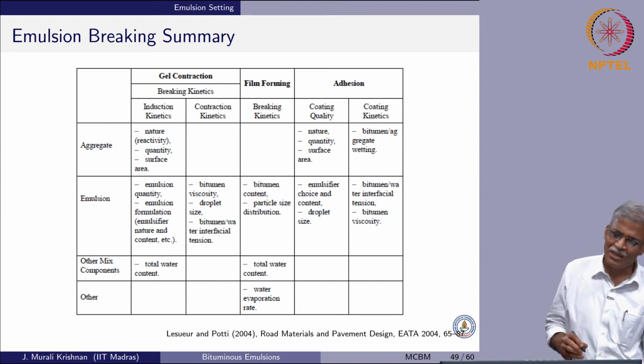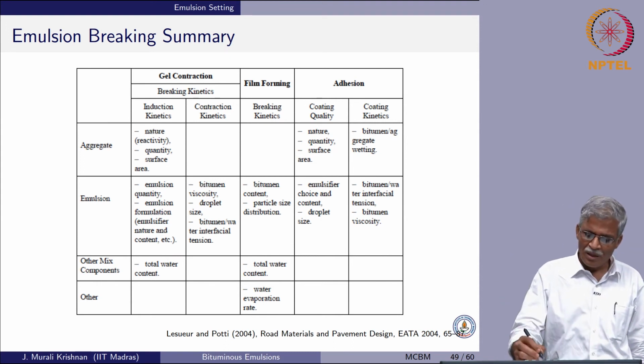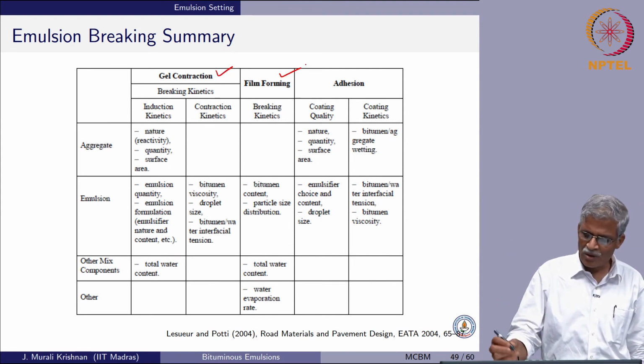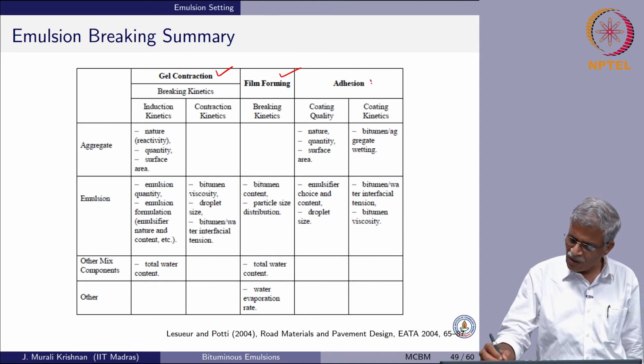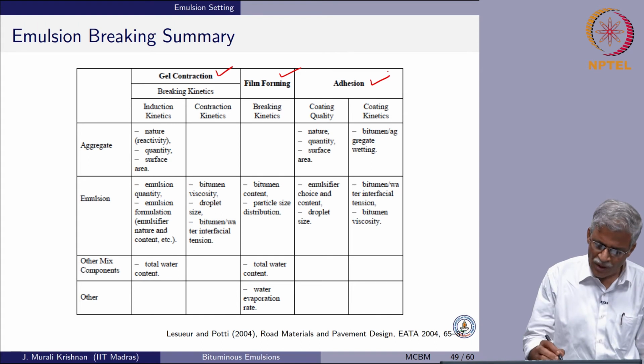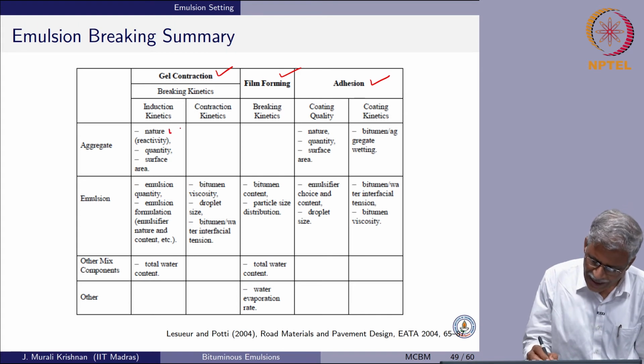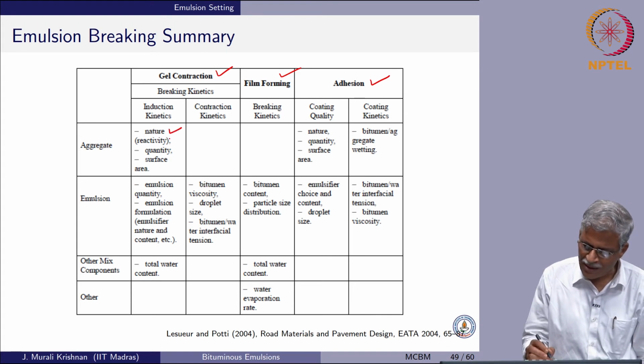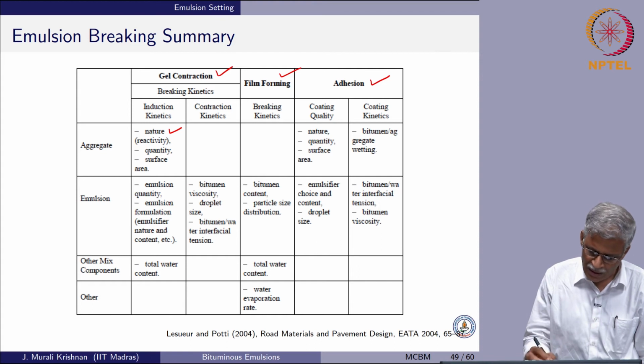So, to summarize the emulsion breaking: the gel contraction as well as the film forming, similarly something to do with adhesion. Okay. So, if it is going to be a reactive aggregate, what exactly will happen? Type of aggregate, type of emulsion and other mixed components.